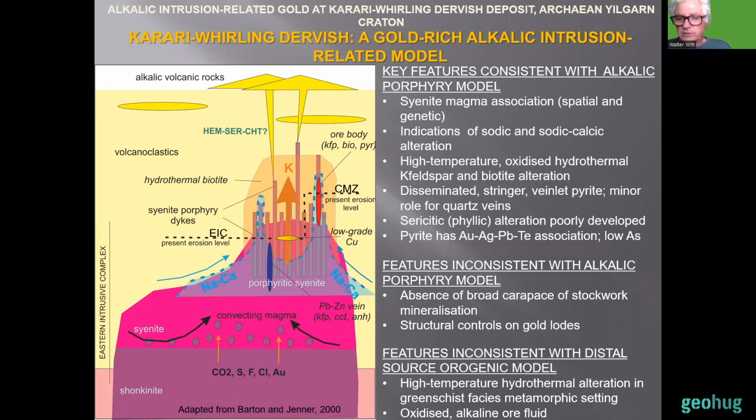There are also features which are inconsistent with the distal source orogenic model. These are the high temperature of the gold-related hydrothermal alteration in a greenschist facies setting, and the oxidized alkaline nature of the ore fluid.